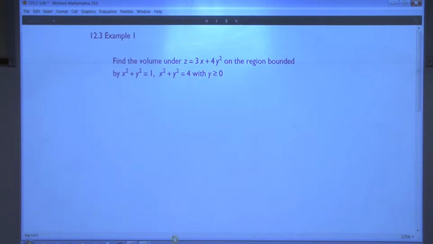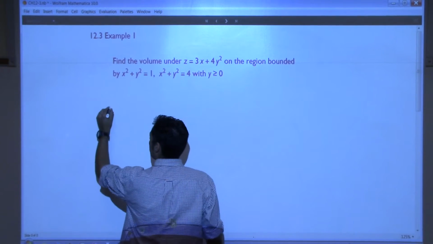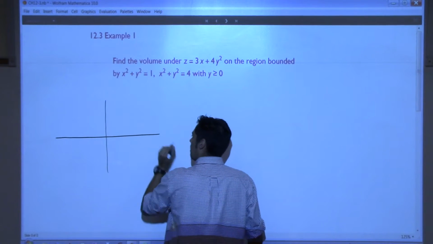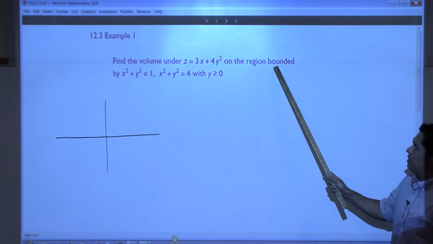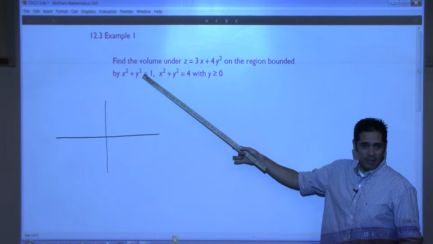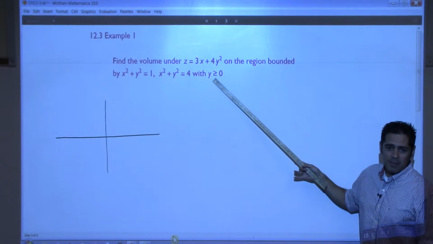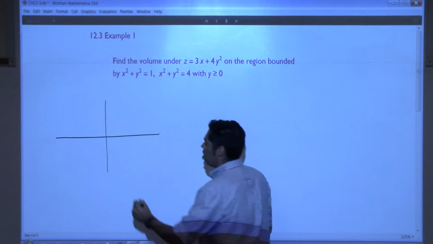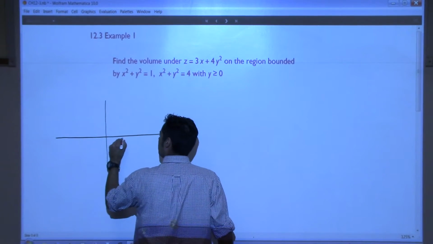All right, so just like before, what we want to do is draw the region first. Okay, so let's draw our region of integration. My region of integration is bounded by this circle, right? That's a circle, and this circle, and y has to be greater than or equal to 0. So x squared plus y squared is 1, is the unit circle.